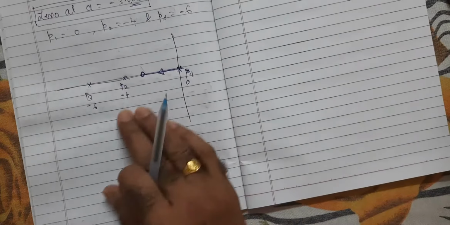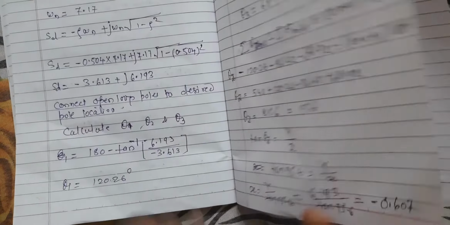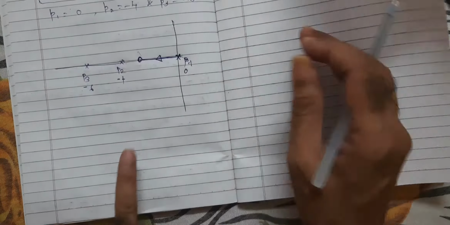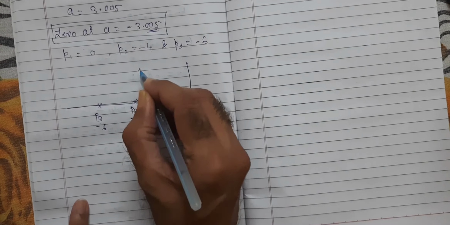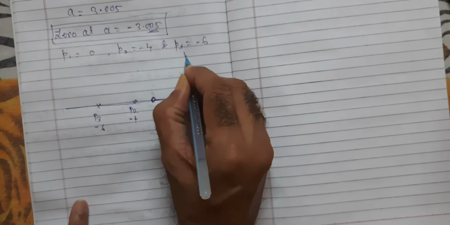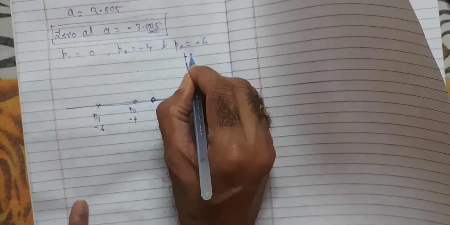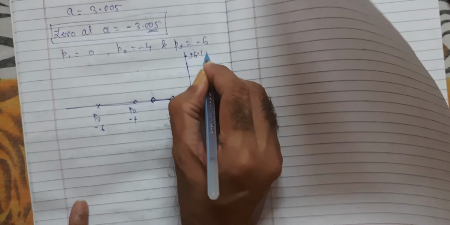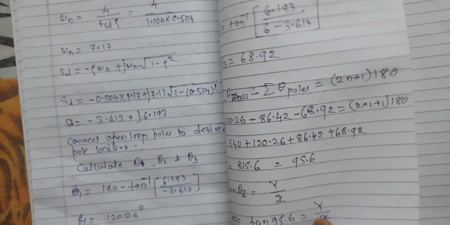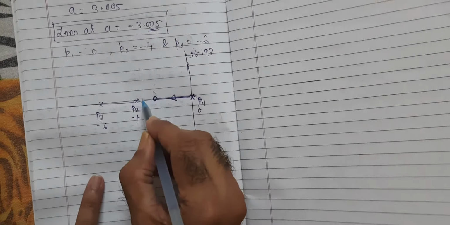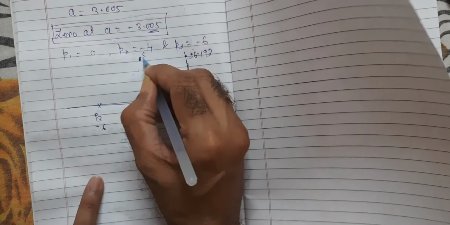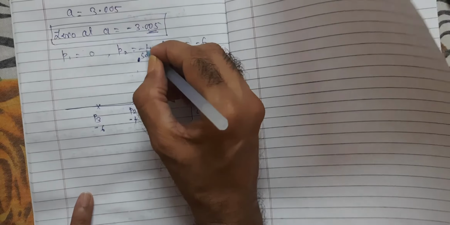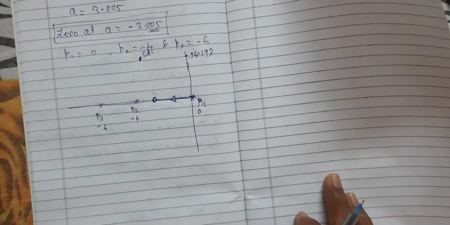Now here we will mark the point. What is that point? 3.613. This is 3 here somewhere. Let us say this is j6.193, and here this one. This is my sd. So this is my pole location.